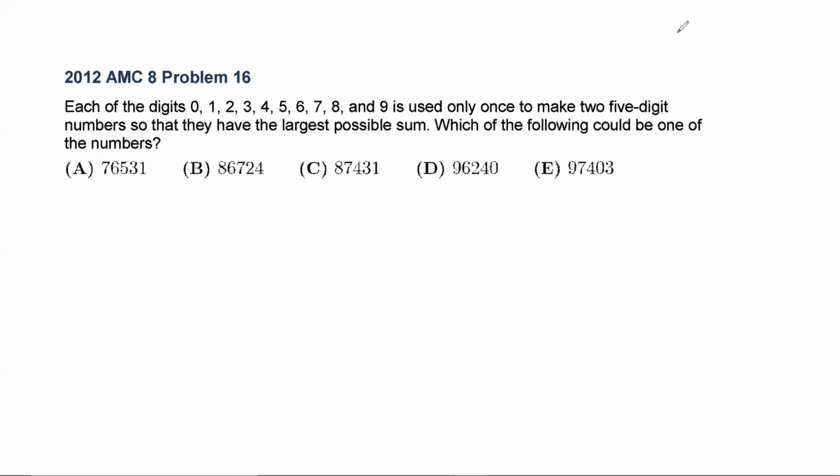Okay, I'm getting all types of answers. So the key to doing this problem is that you don't actually want to try every single combination and try to make the biggest.